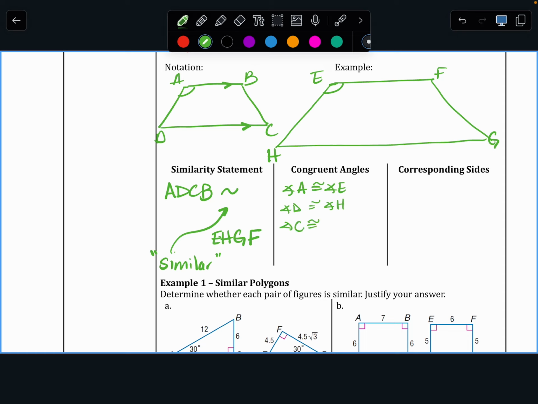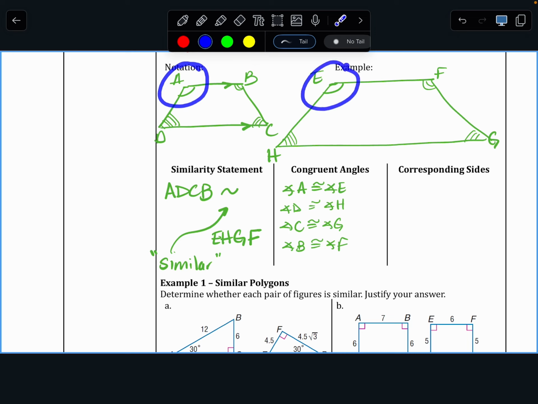Angle C is congruent to angle G, and angle B is congruent to angle F. So that's all those symbols mean. Either looking at the symbols in the picture or looking at the order of the name, I can tell you which angles are congruent.